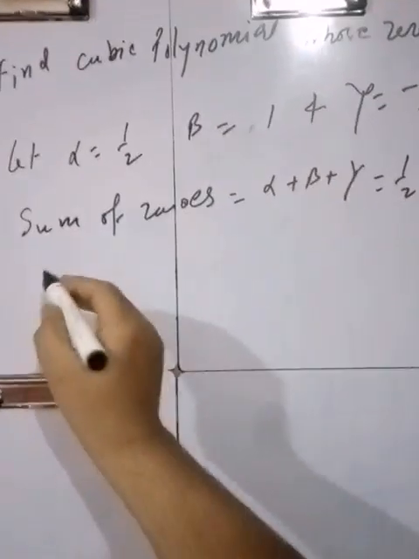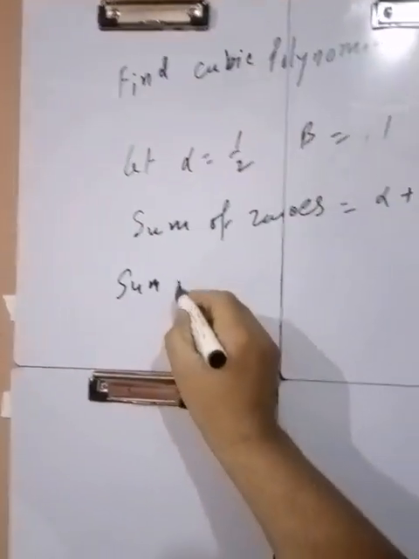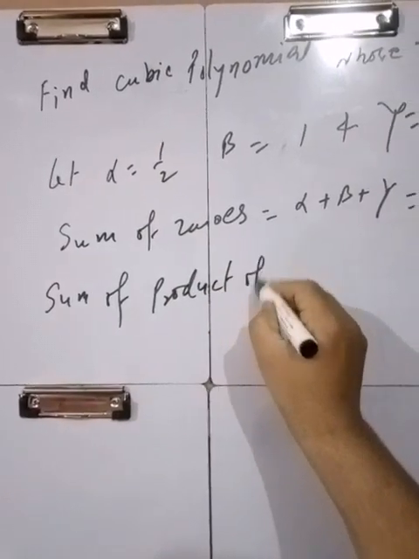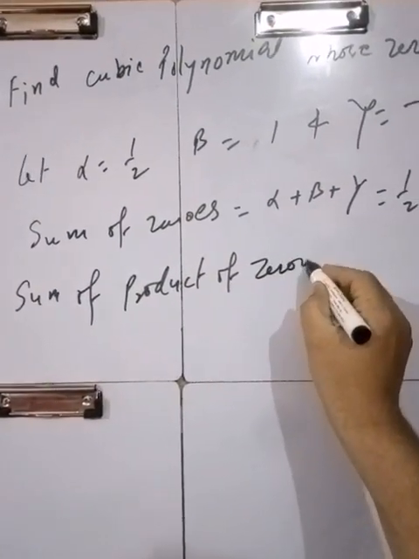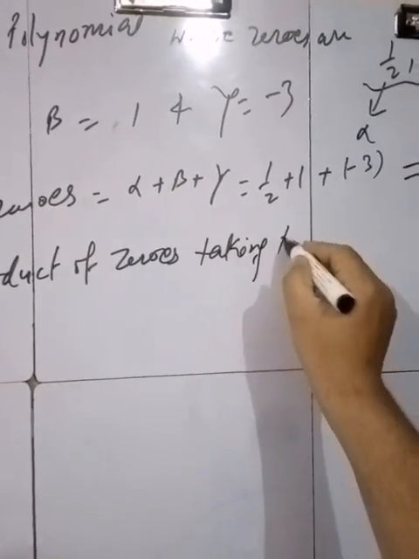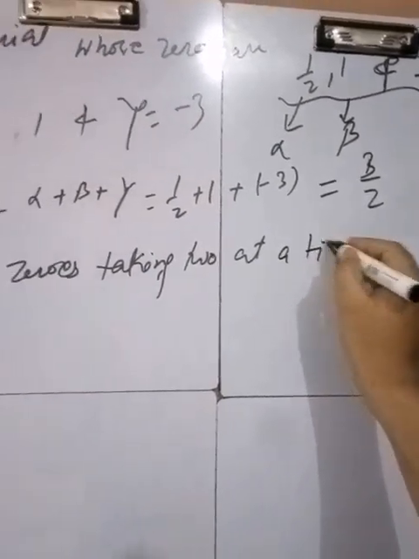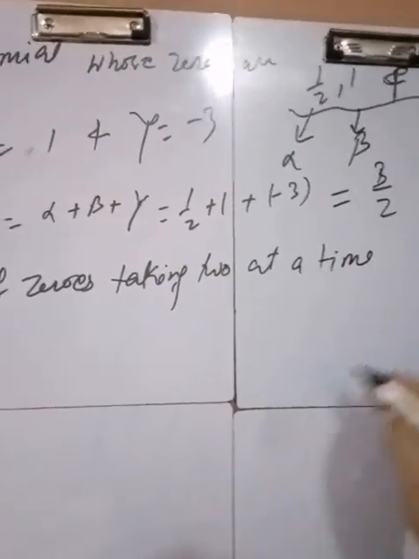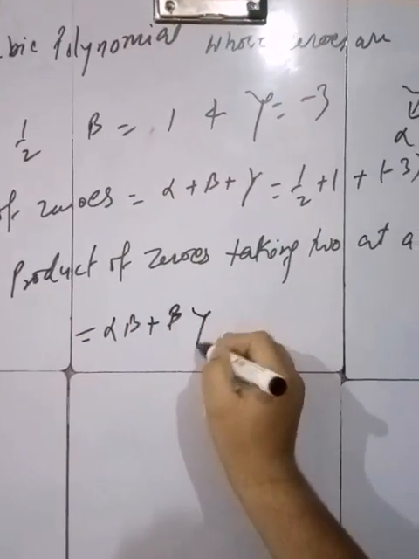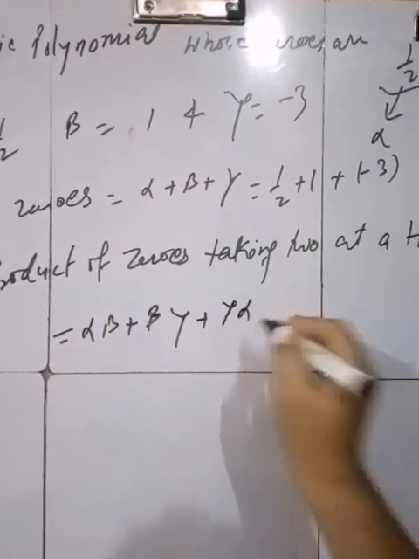Next we find the sum of the product of zeros taking two at a time. It is alpha beta plus beta gamma plus gamma alpha.